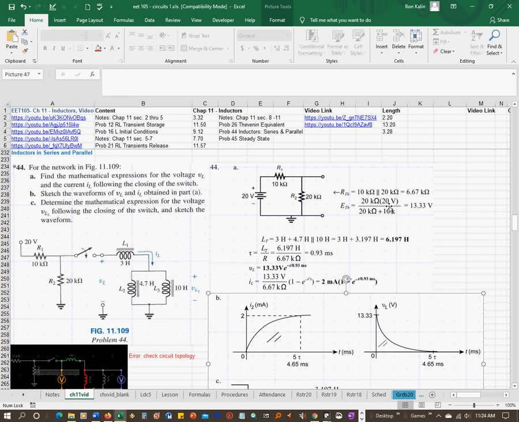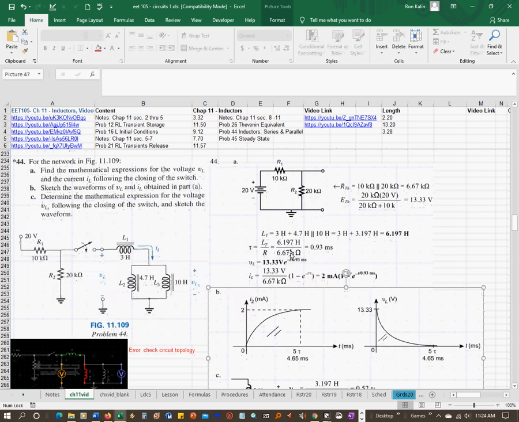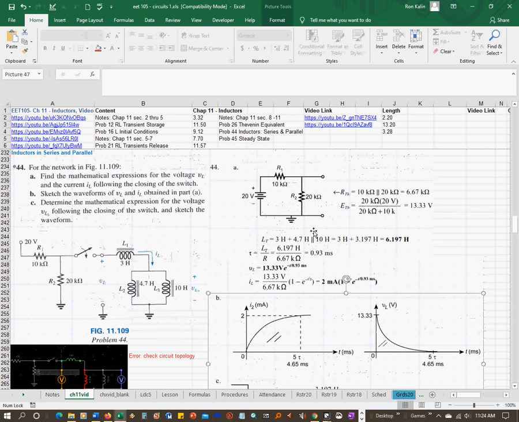So 20K times 20 volts divided by 20K plus 10K equals 13.33 volts. So now you have your simplified circuit, which is just E Thevenin in series with R Thevenin, and then you have this inductor network right here to deal with.